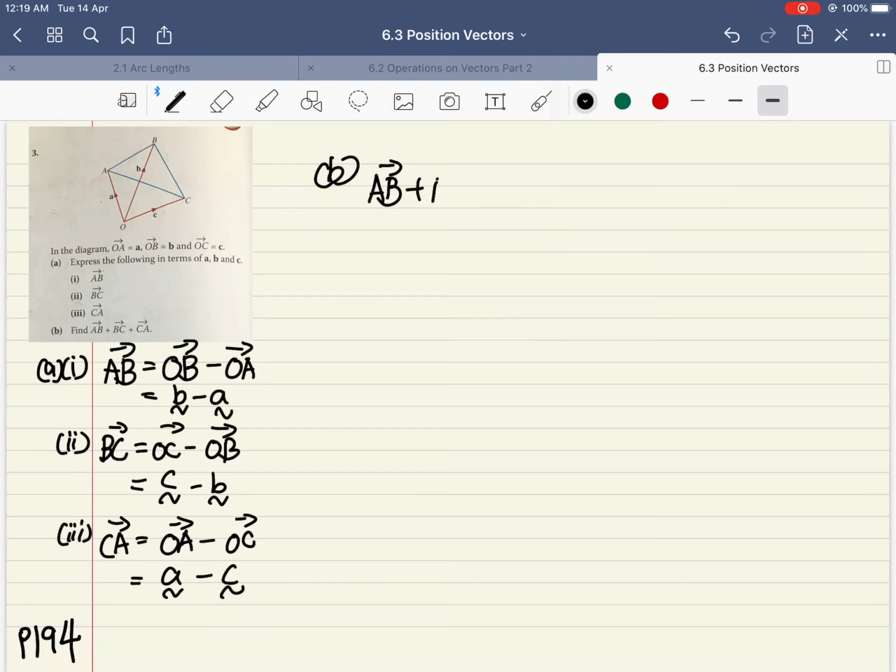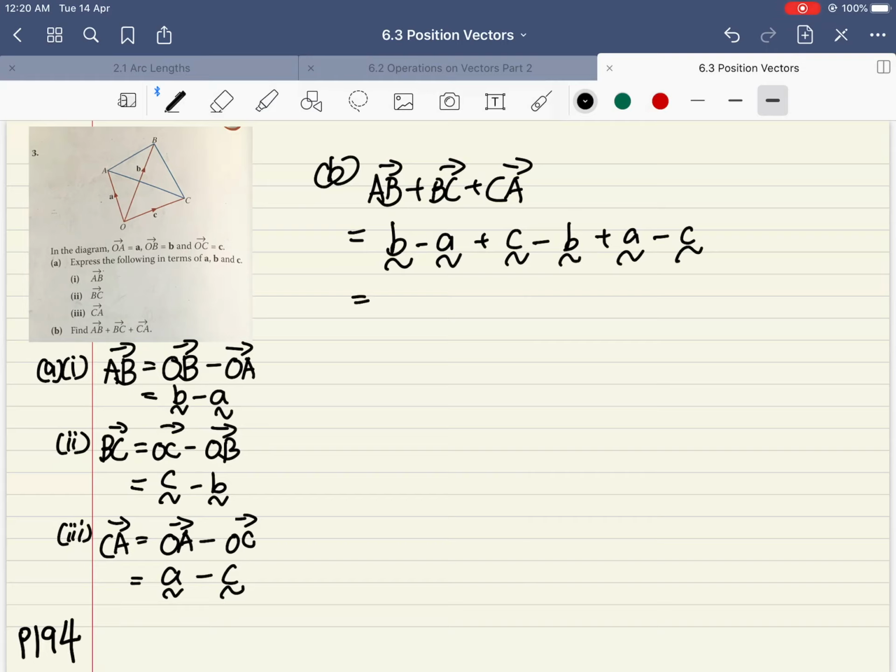Okay, very short. Then we do part B, AB plus BC plus CA. AB is B minus A, plus BC is the vector C minus vector B, plus CA is A minus C. So if you simplify all of that, you notice that it gives you a 0 vector.